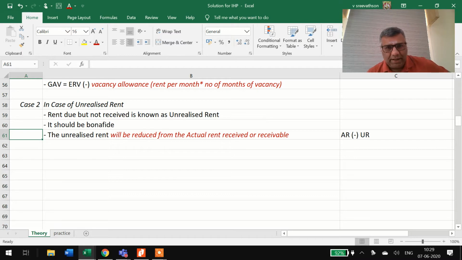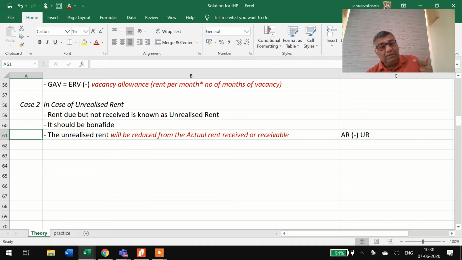I am repeating, my dear friends. Unrealized rent means rent due but not received, and there is a remote chance that the tenant is not going to pay. So what should I do? I will reduce it from AR, taking AR for 12 months minus whatever is the unrealized rent. Then go for the steps. Step 1, compare MV and FRV. Step 2, compare that answer with SR, whichever is less.